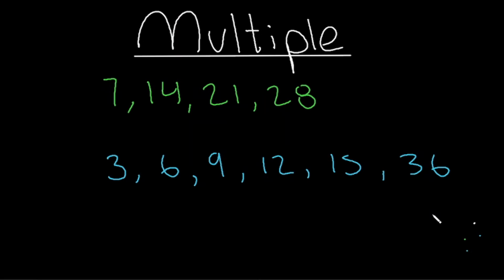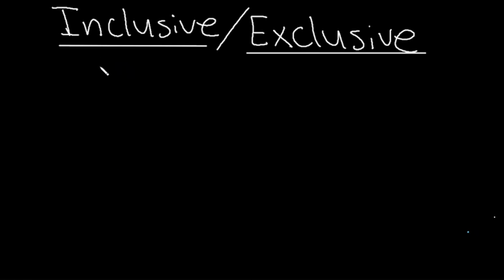If you need a refresher on integers or all the different classifications and types of numbers, check that out. Inclusive and exclusive are similar to the concepts of an open and closed interval. Inclusive would be similar to a closed interval.